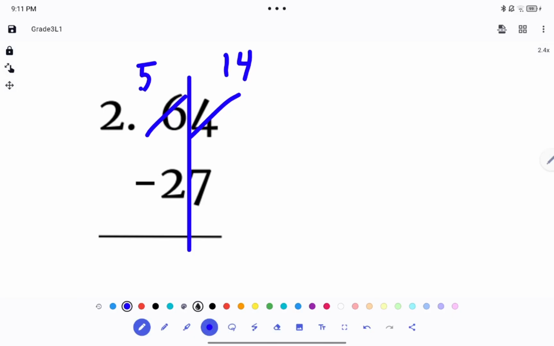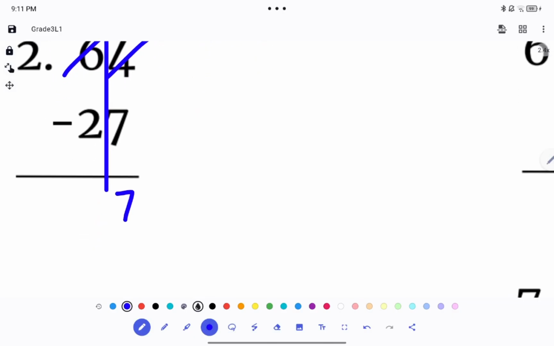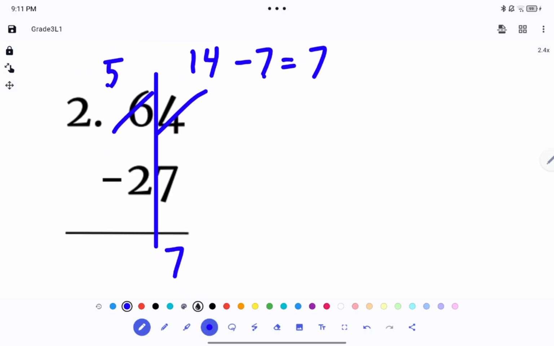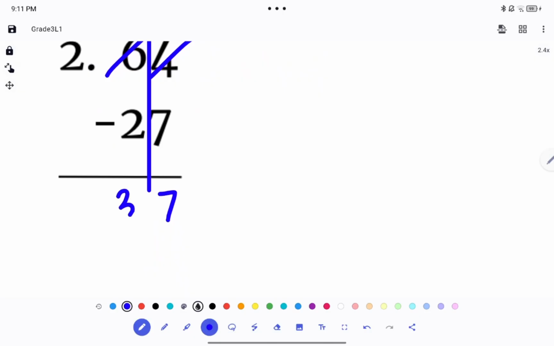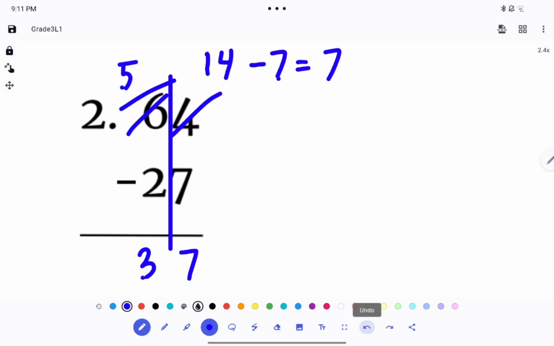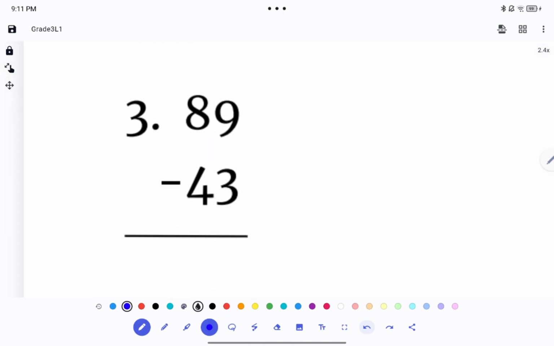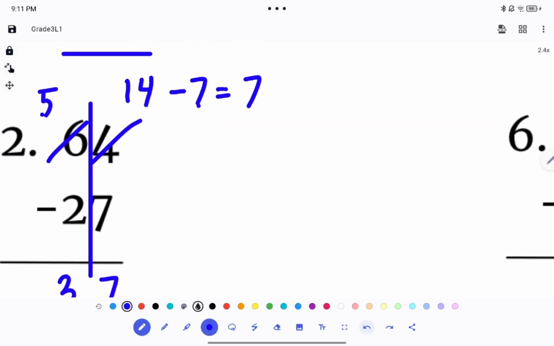Now this makes it way easier. 14 minus 7 is equal to 7. And then we get 5 minus 2 is equal to 3, which is really a 30 because it was 50 minus 20 because we're in the tens column. So 37. And I guess we could use addition to check, but I'll leave that up to you as your own work.